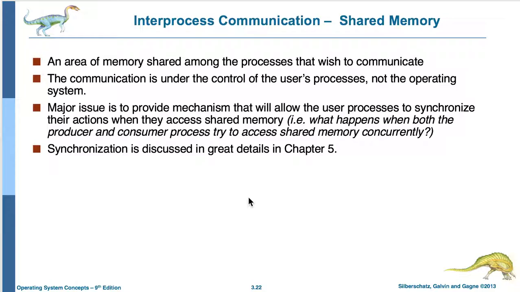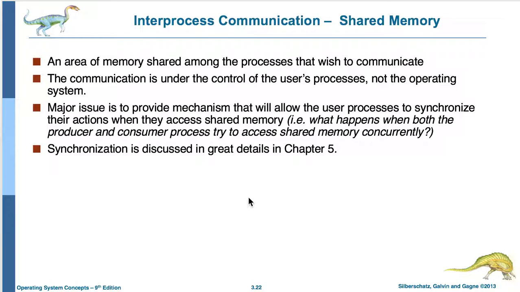The communication is under the control of the user's process, not the operating system. Important point to note. And then finally, the major issue with shared memory IPC is to provide a mechanism that will allow user processes to synchronize their actions when they access the shared memory.